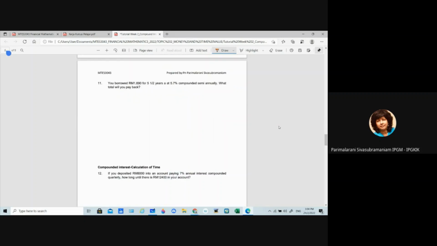Okay, question 11. You borrowed 1,690 for 5.5 years. So your T is 11/2 years. Okay, use fractions. You borrowed this much for this many years at 5.7% compounded semi-annually. What total will you pay back? That means this is not to discount. This is you borrowed this much.